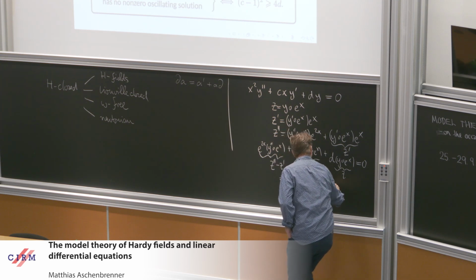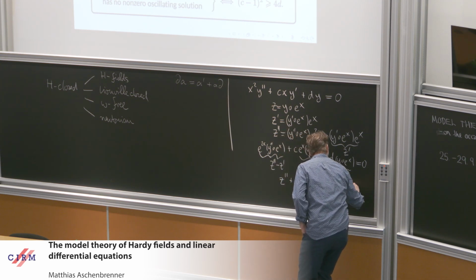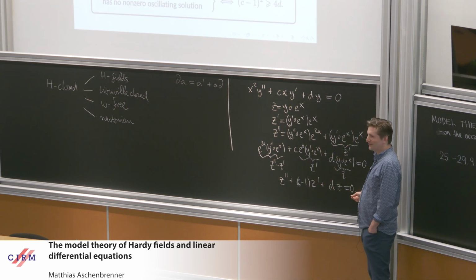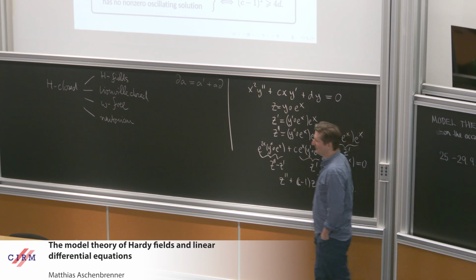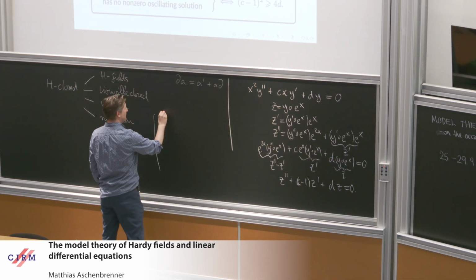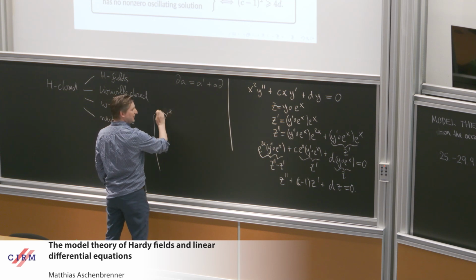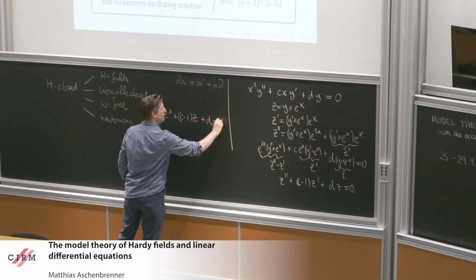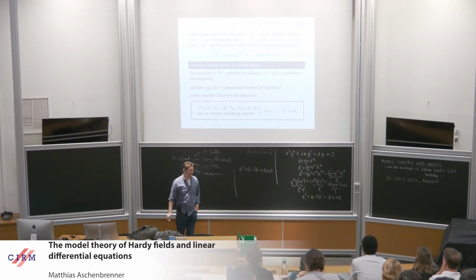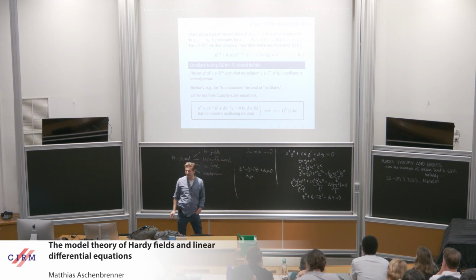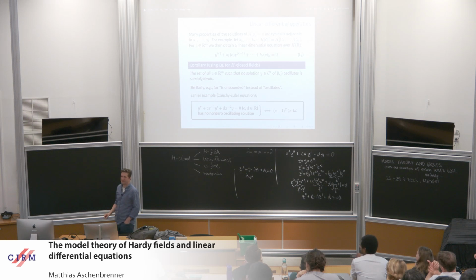times z prime plus d times z equals 0, and this has constant coefficients, and for equations with constant coefficients, we know how to write down the solution space. So now what you do is you look at the characteristic polynomial, and you look at the zeros of this, let's call them lambda and mu, and it depends on whether lambda and mu are the same or not.